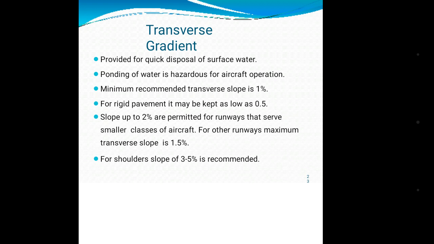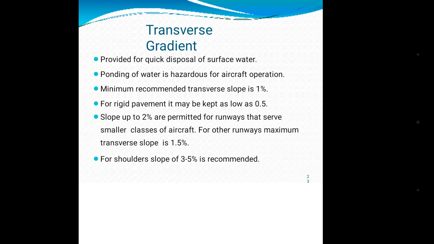Then slopes of 2% are permitted for the runways that serve smaller classes of aircraft, that is class C, D and E category. And for the runways, maximum transverse slope is 1.5%. For shoulder slopes, 3 to 5% is recommended by ICAO.